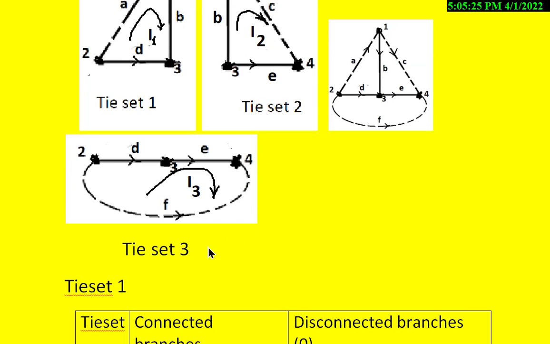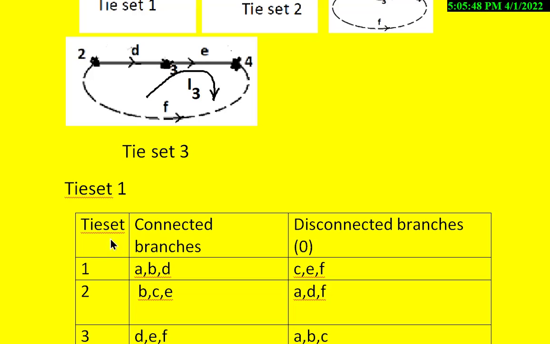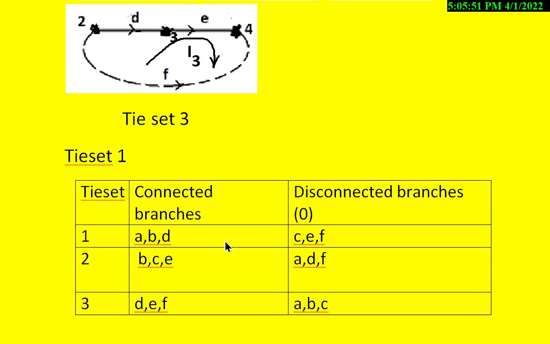So now this Tieset is nothing but the relation between the loop currents and the branch currents. Branch currents are already assigned and the loop currents are assumed here like I1, I2, I3. So to get the relation between the loop currents and the branch currents, first we have to assign what are the branches connected to Tieset 1, and similarly what are the branches connected to Tieset 2 and Tieset 3, and the disconnected branches for each Tieset we should also calculate.